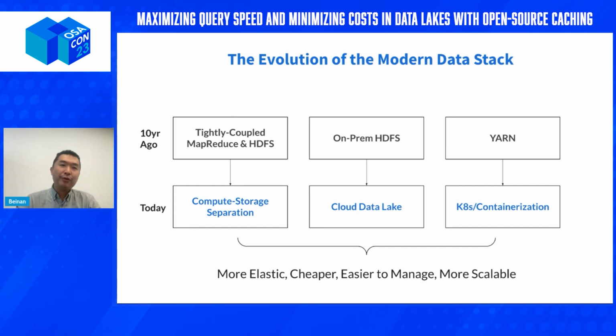Because when you're using HDFS, something like that, it's very easy to run something like MapReduce. We can just run your data compute on your storage, but now it's more difficult.